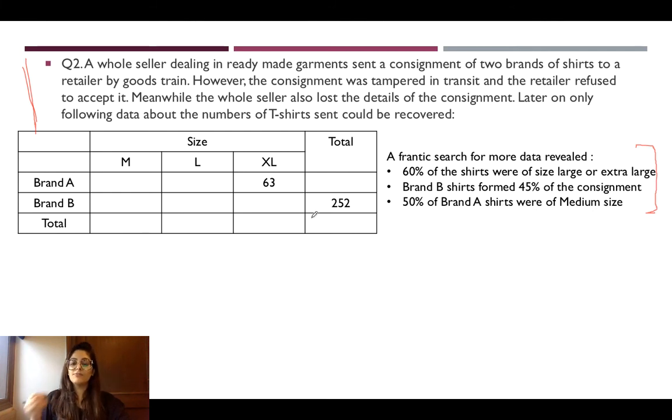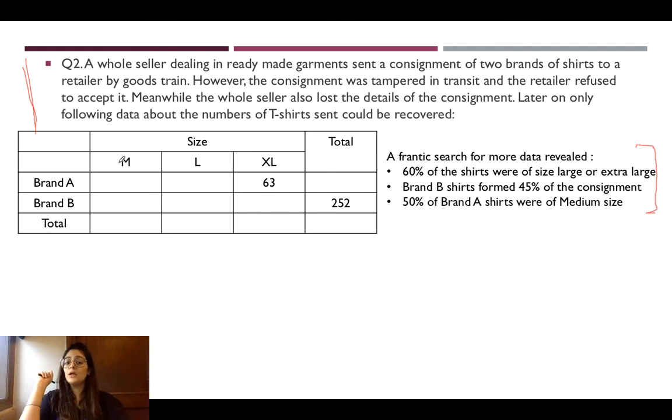Looking at the first point, 60% were large and extra large, so what remains is size medium, the remaining 40%. However, how will we find that out? Because for this I need one number, and that is total shirts.